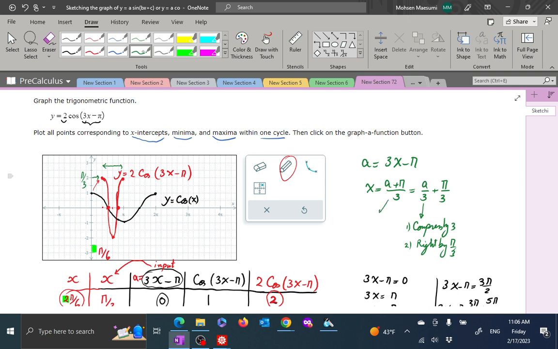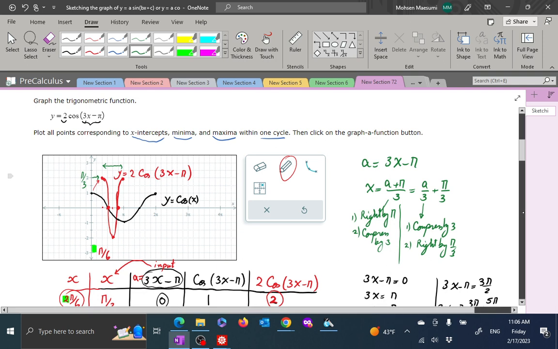So step 1, you go right by pi, and step 2, you compress by 3. Once again, what we said at the end is optional, just for your benefit if you are interested.